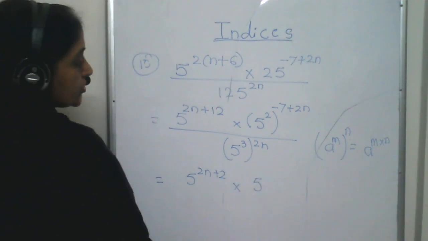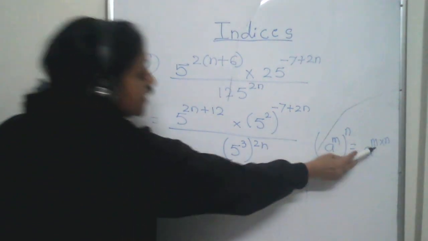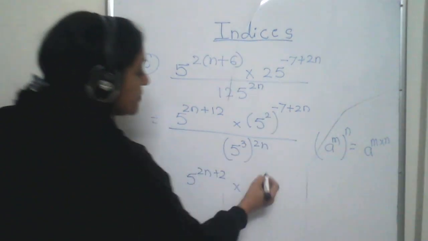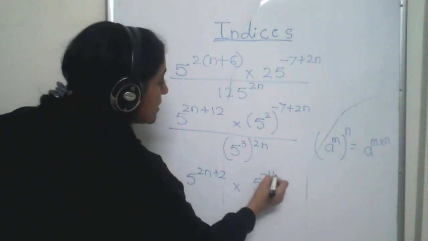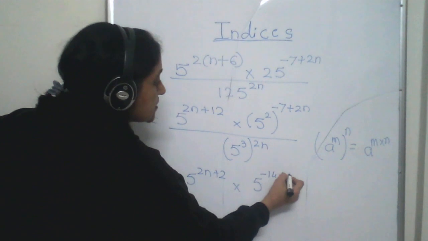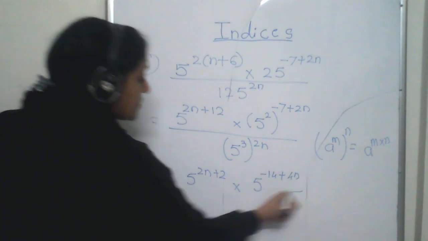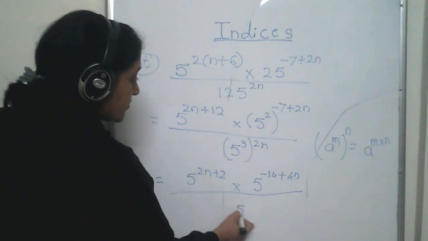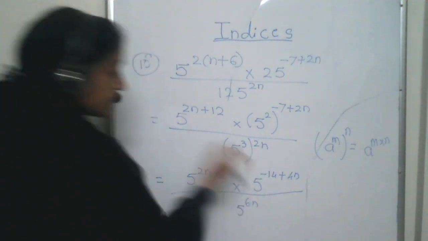What are you supposed to do? You're supposed to multiply. So 2 into minus 7 is minus 14, 2 into 2n is 4n, whole divided by 5 to the power 6n.